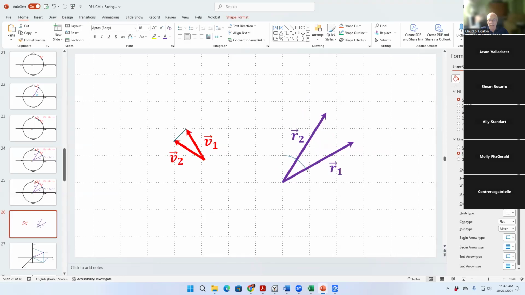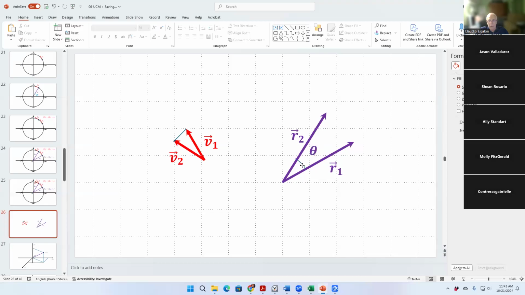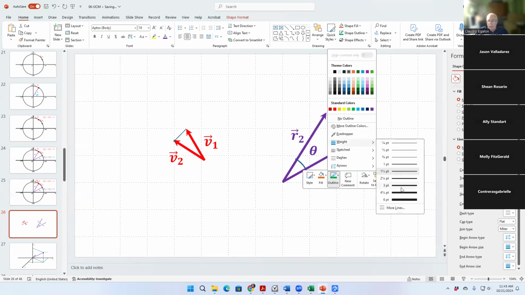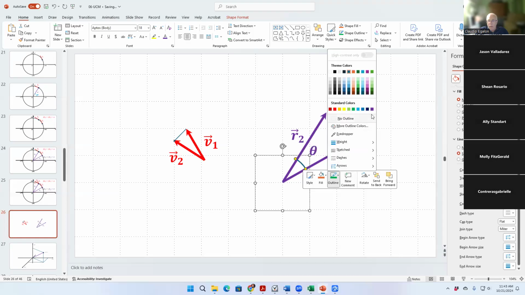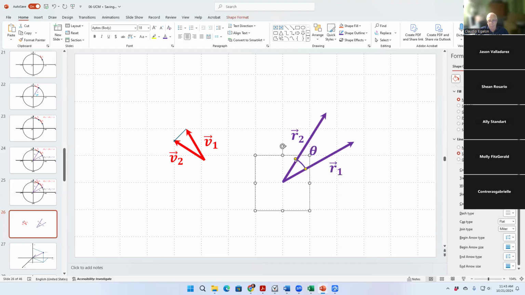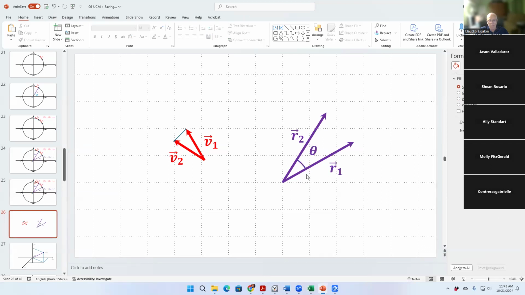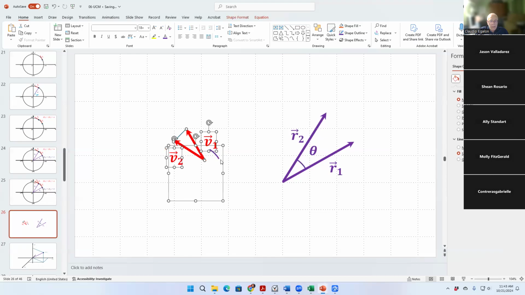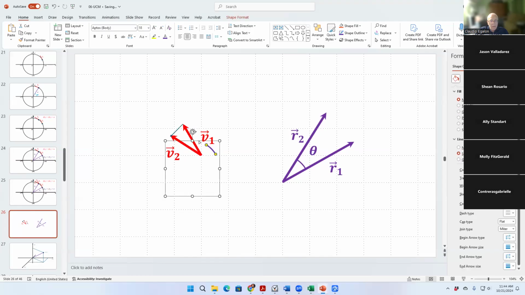Like that. This angle here, and this other angle here, they are exactly the same.